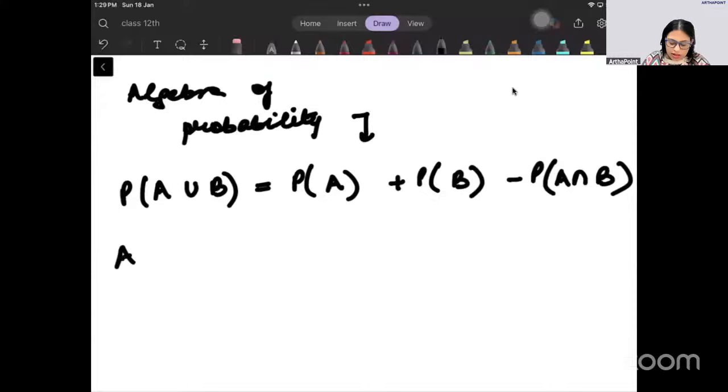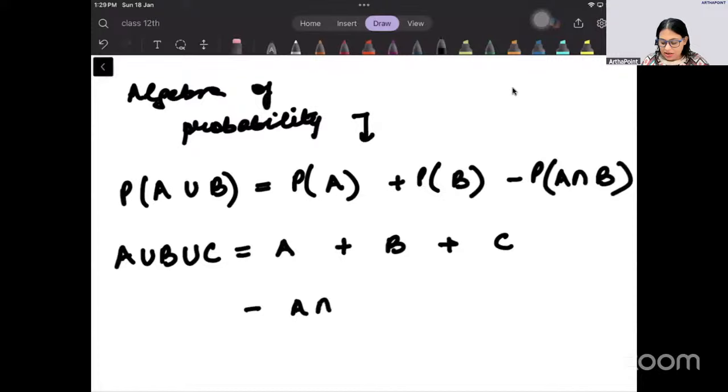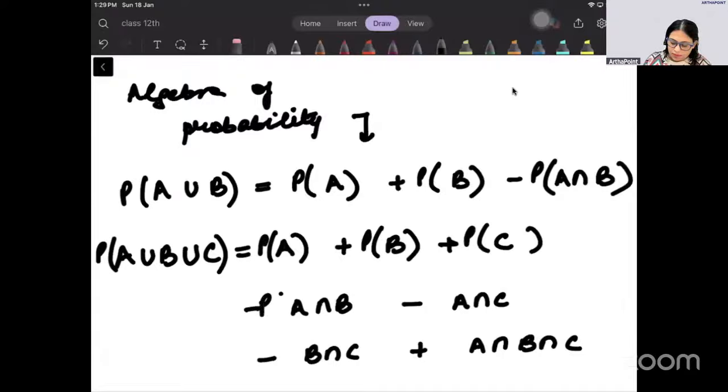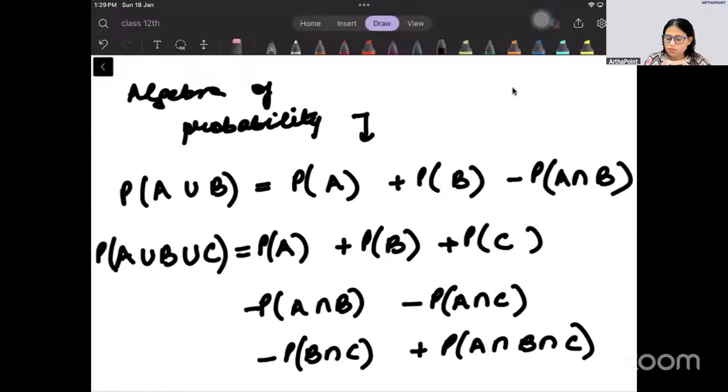Similarly, we know A union B union C is A plus B plus C minus A intersection B minus A intersection C minus B intersection C plus A intersection B intersection C. If it is probability, we put probability everywhere. These two become the algebra of probability.